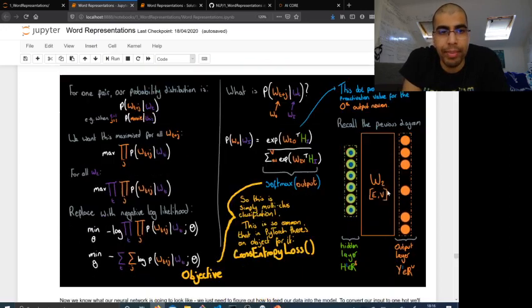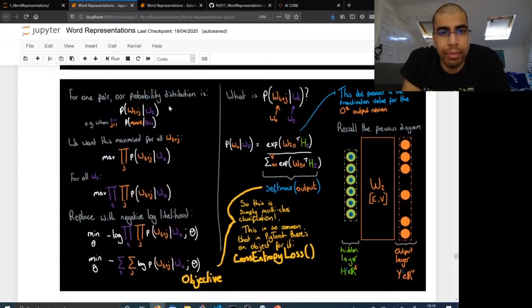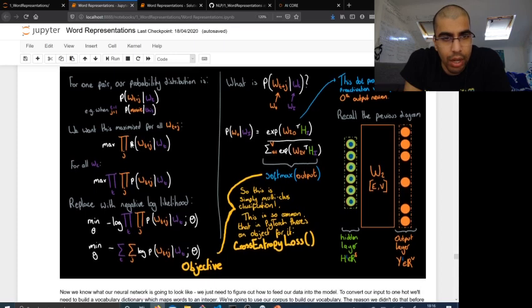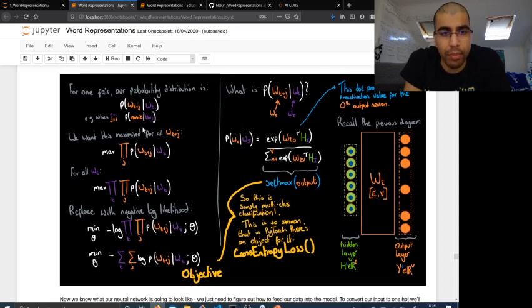So a bit more mathematically now. For one pair, the probability that we're trying to optimize is w_{t+j} given w_t. So the probability that we predict the word movie given the word this, and we want this maximized for all of the j's. For all the window words in our context, we want to maximize this, and we'll do that by taking a product of the probability over those w_{t+j} words for every j.